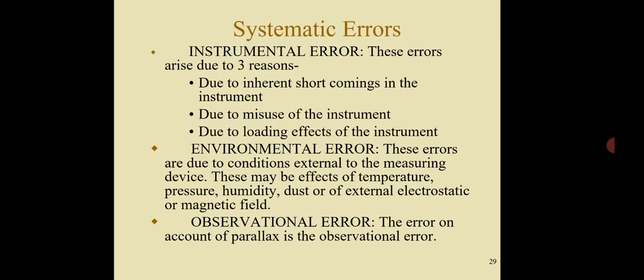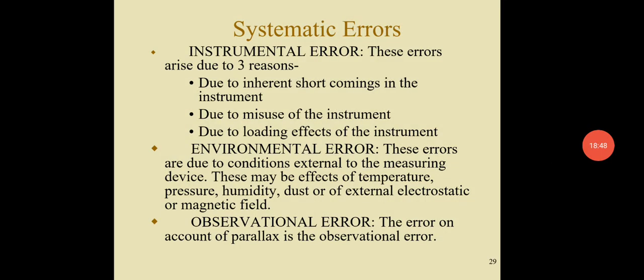This error arises due to three reasons: inherent shortcomings in the instrument, misuse of the instrument, and loading effects of the instrument. This type of error is known as an instrumental error.